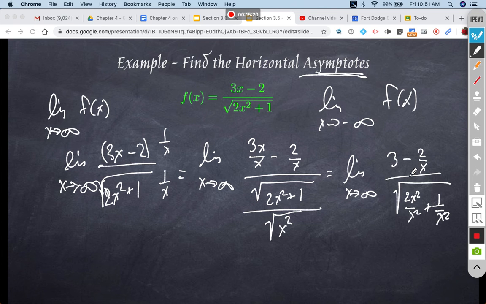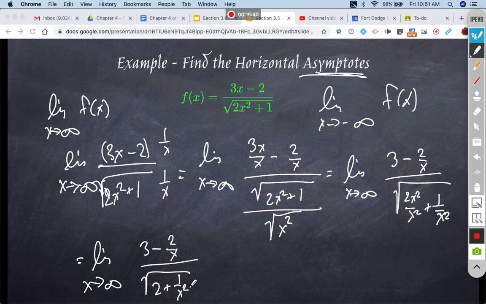So, limit as x approaches infinity of 3 minus 2 over x divided by the square root of 2 plus 1 over x squared. As we go to infinity, we get 3 minus 0 over the square root of 2 plus 0, which is 3 over the square root of 2.